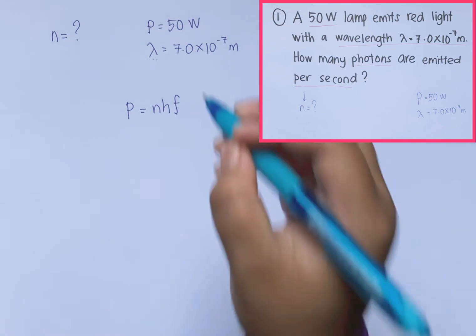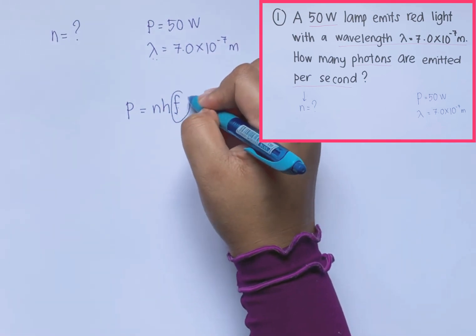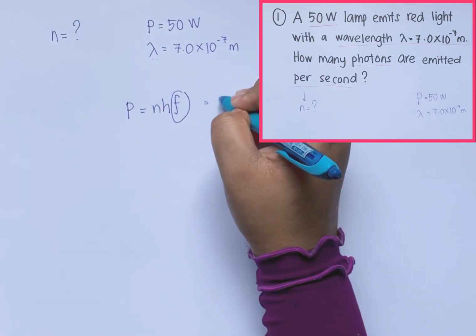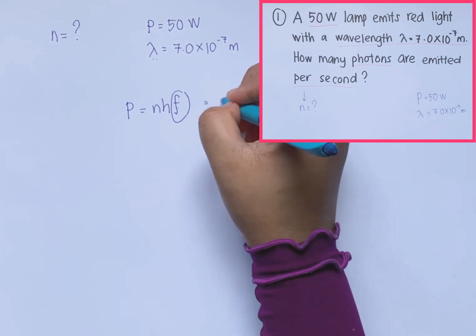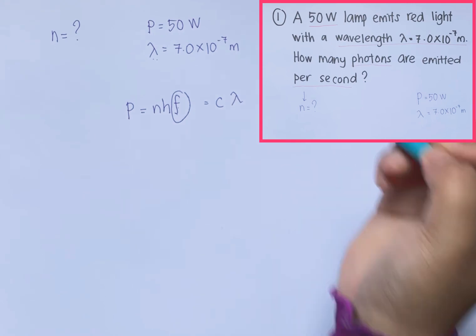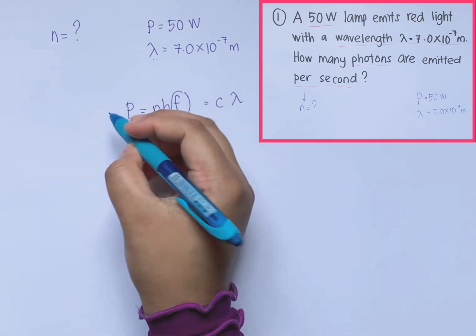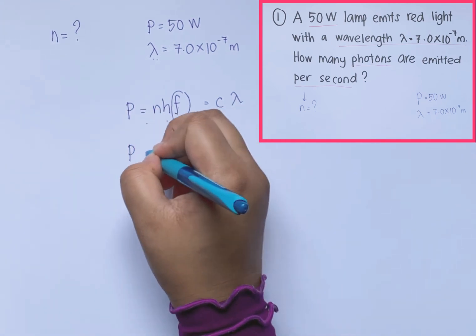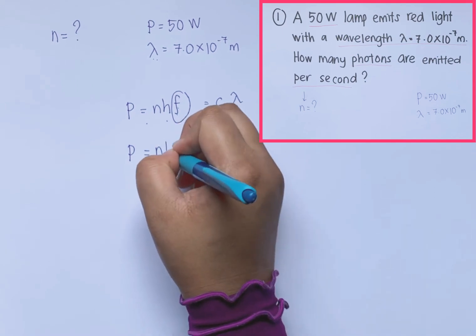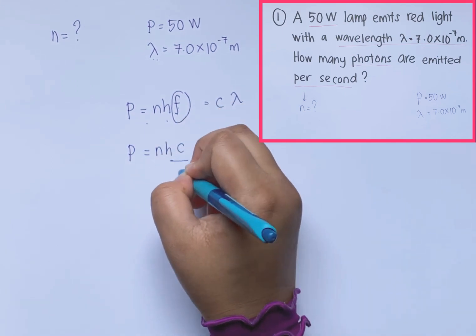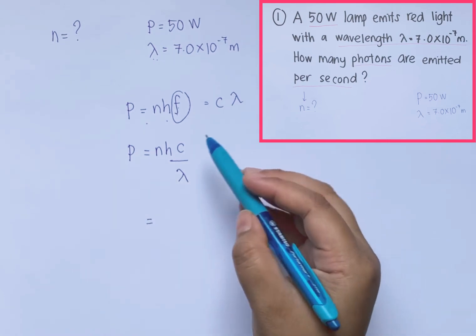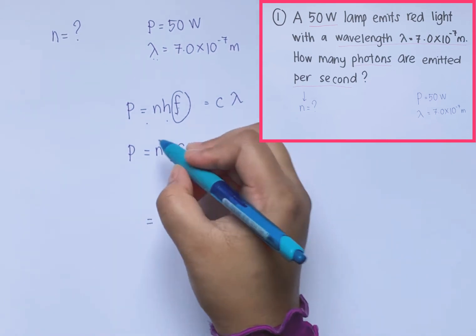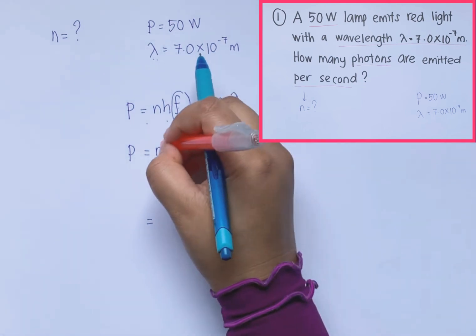As you remember, F is equal to C over lambda. So we can expand it as P is equal to NHC over lambda. We're going to rearrange the equation because we want to get N.